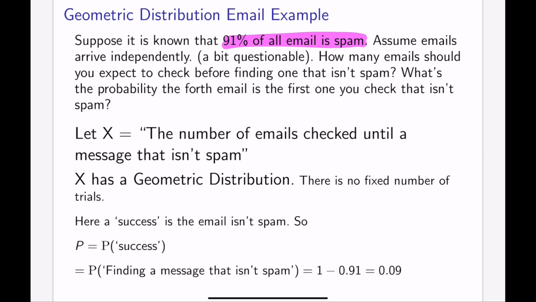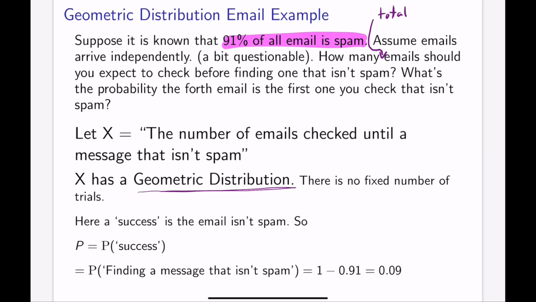How many emails would we expect to check before finding one that isn't spam? And this before can be a little bit confusing. It might be better to refer to this as the total amount of emails that we need to see one that isn't spam.